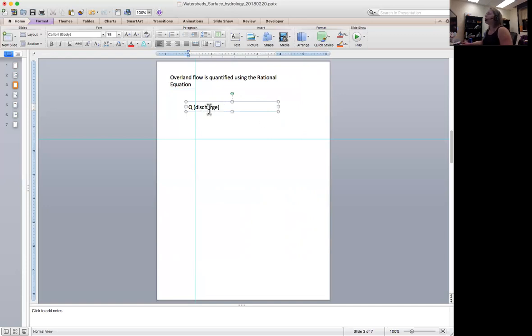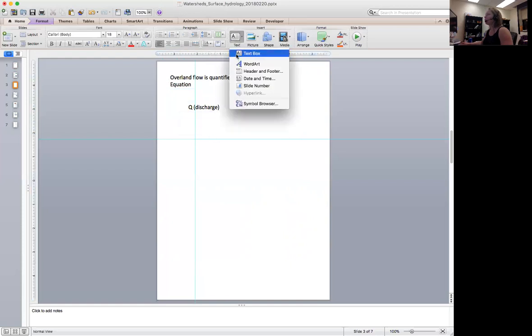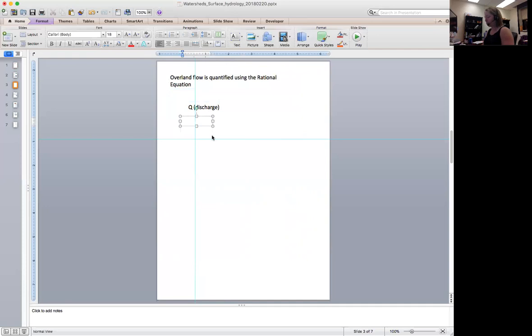And our discharge is oftentimes, remember, in units of feet cubed, meters cubed. So let's go ahead and put our units down here. So units are going to be feet cubed, meters cubed. Sometimes you'll see cubic feet per day. Sometimes you also see cubic meters per day. Could be written in all those kinds of terms.